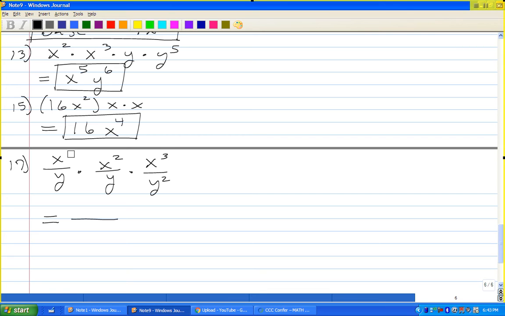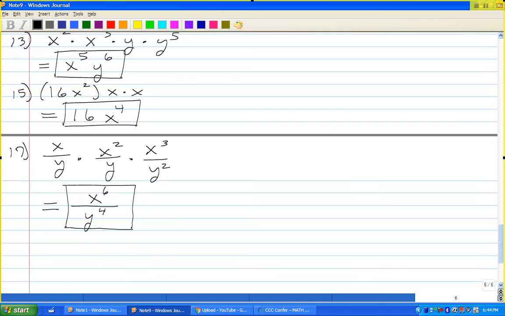Add exponents. 1 plus 2 plus 3 is 6. So x to the power 6. Y, well, again, I'm multiplying and I have the same base y, so I add exponents. y to the first times y to the first times y squared. 1 plus 1 plus 2 is 4. I cannot simplify this any further because x and y are differing bases.